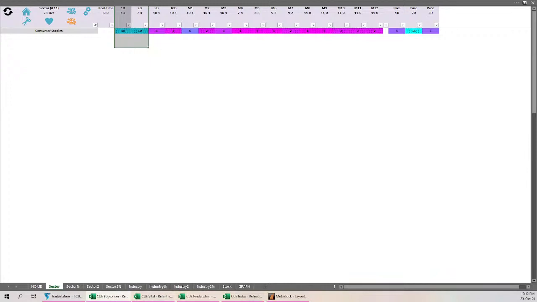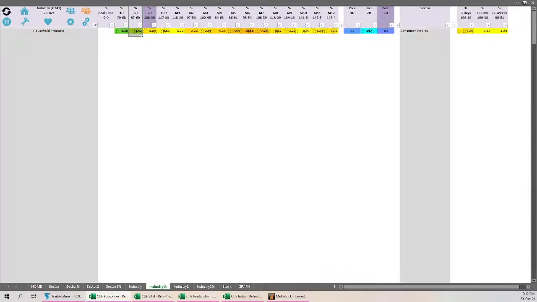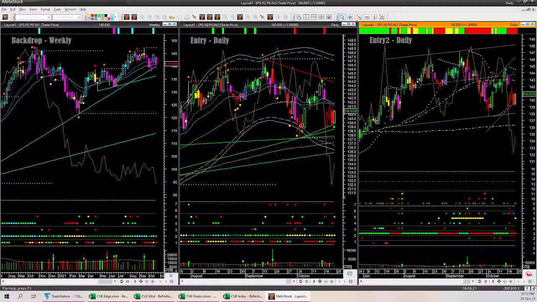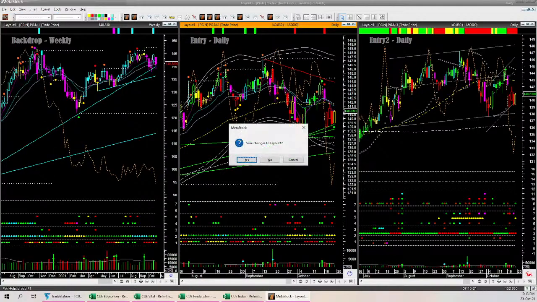If I look at the industry percentage, it is also actually going up over last 2 days with acceleration. So Procter and Gamble is the closest stock we could consider buying from Dow Jones Industrials. That's a defensive sector steady stock. So that was one stock.